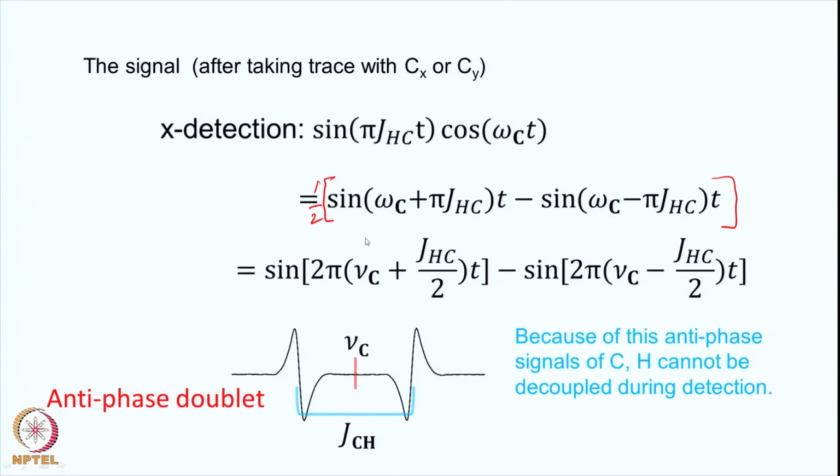If I want to express them in hertz, in terms of numbers, then I take out this 2π here and write this as sin 2π(νC plus JHC/2)t, minus sin 2π(νC minus JHC/2)t, where νC is the chemical shift.